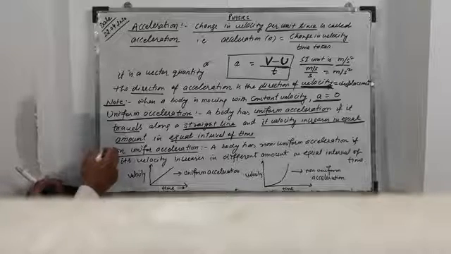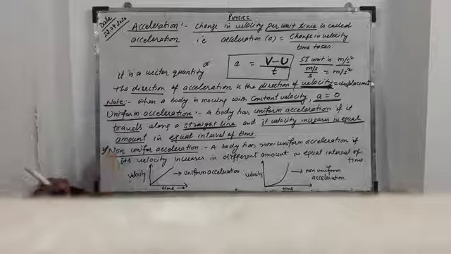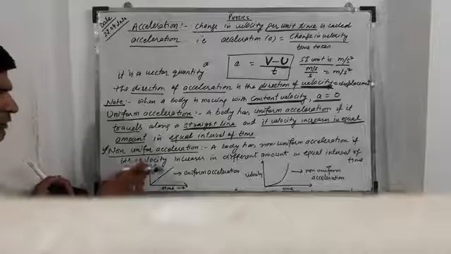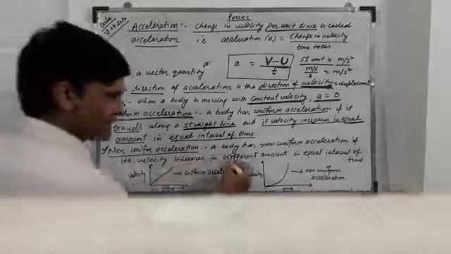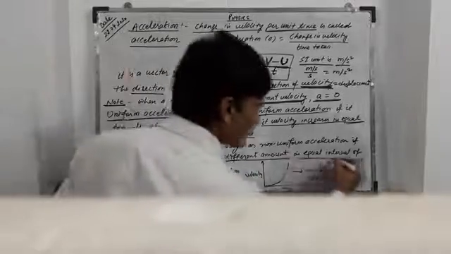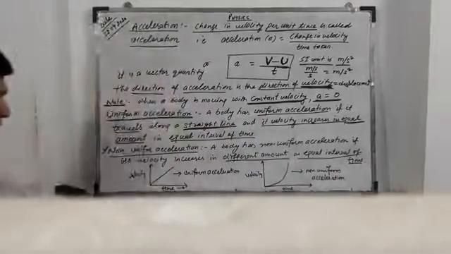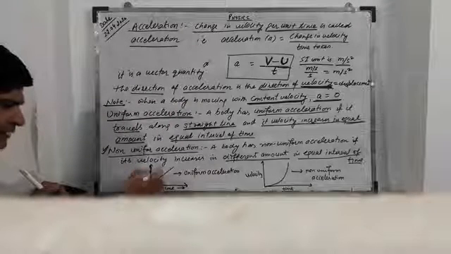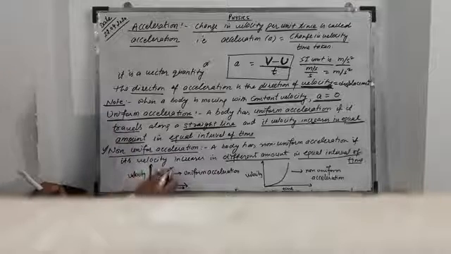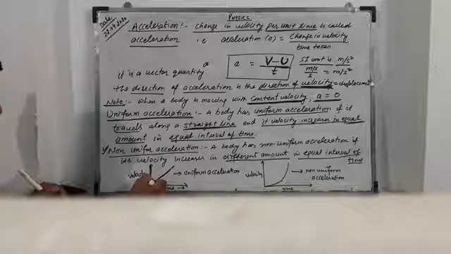Now, non-uniform acceleration, simple. In non-uniform acceleration, the velocity increases by a different amount in equal intervals of time. When we draw a graph for uniform acceleration, we get a straight line.